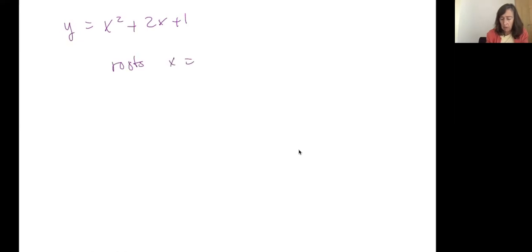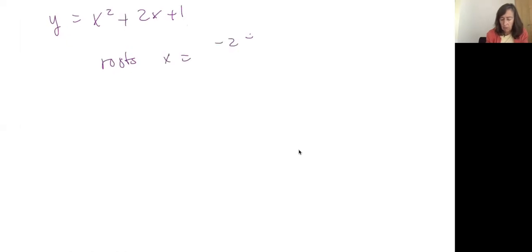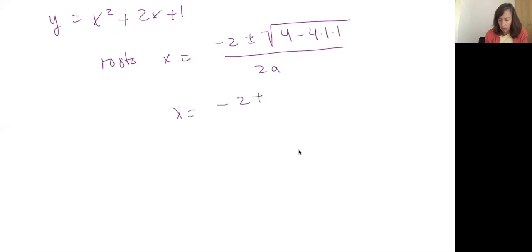x equals -b, which is -2, plus or minus the square root of b squared, which is 4, minus 4 times a, which is 1, times c, which is 1, over 2a here. x equals -2 plus or minus the square root of 4 minus 4.